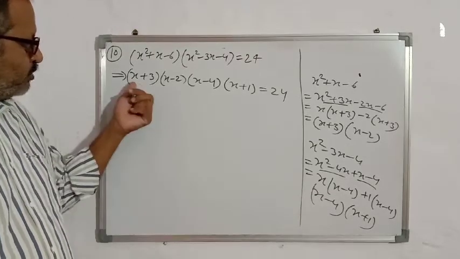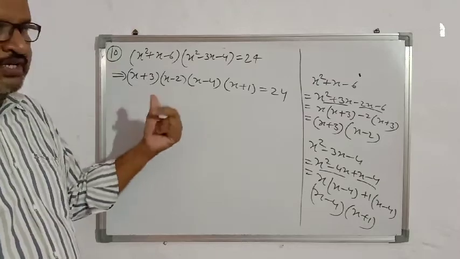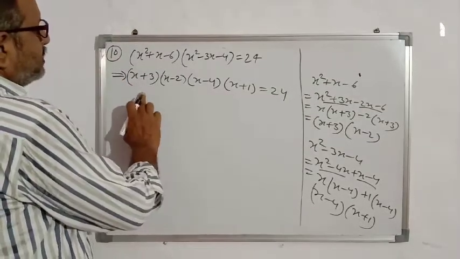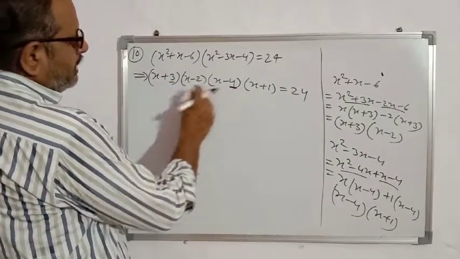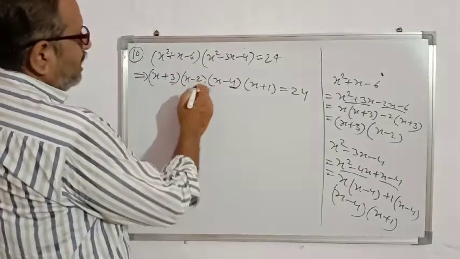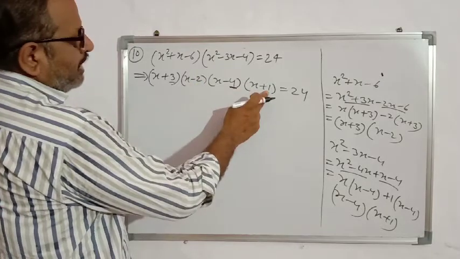Now we will take 2 linear factors together to multiply. Which 2 linear factors do we have to take together? See here, plus 3 and minus 4. If we add 3 and minus 4, it will come minus 1. And minus 2 plus 1, it will come minus 1.